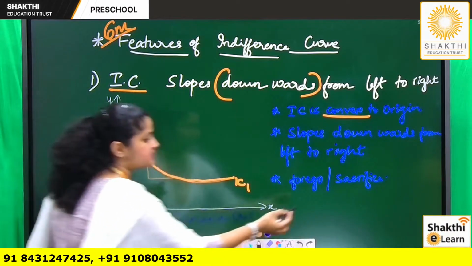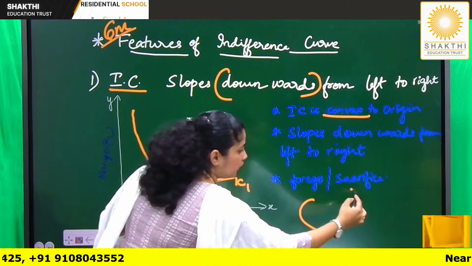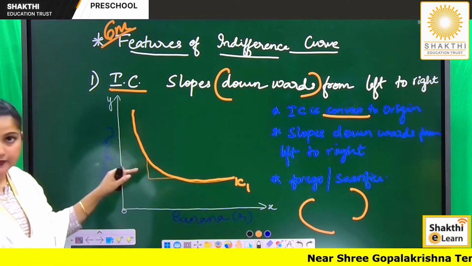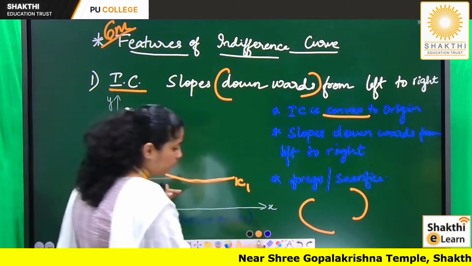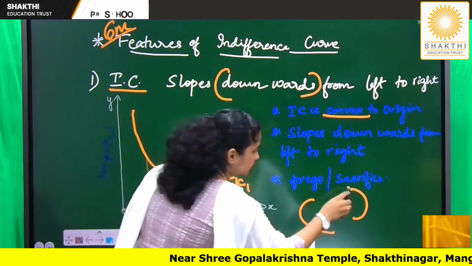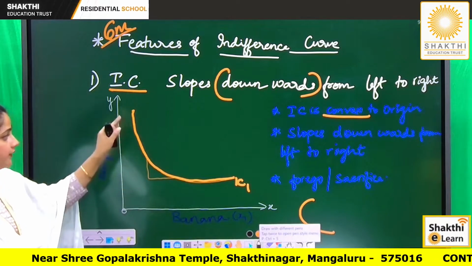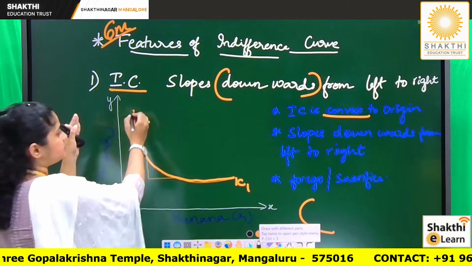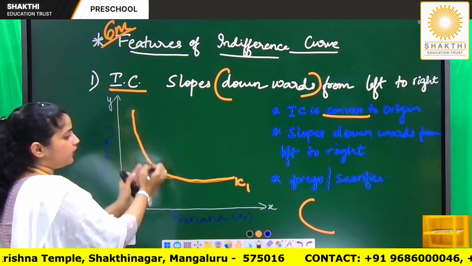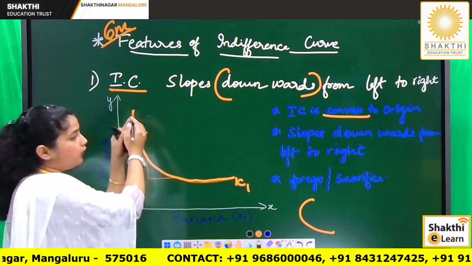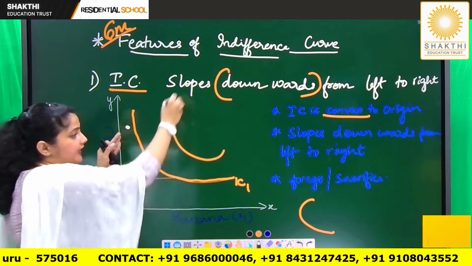Convex to origin is something like this, and concave to origin is something like this, which is not applicable to an indifference curve. The indifference curve is always convex to origin. Okay, next, the indifference curve, I have started from the left side and I have dragged it towards the right side. So the indifference curve slopes downwards. I have not drawn it like this, isn't it?